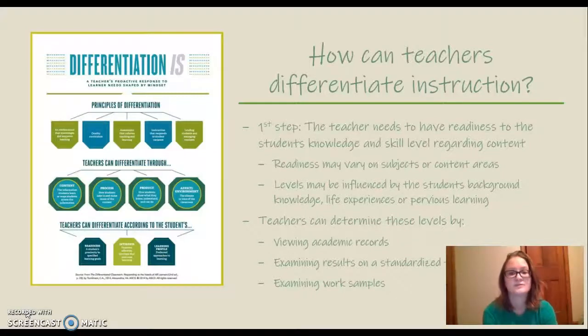Readiness may vary by subject or content area, and different levels can be influenced by the student's background knowledge, life experience, or previous learning. Some ways that teachers can determine these levels are by viewing academic records, examining results on standardized tests or units, and examining work samples.